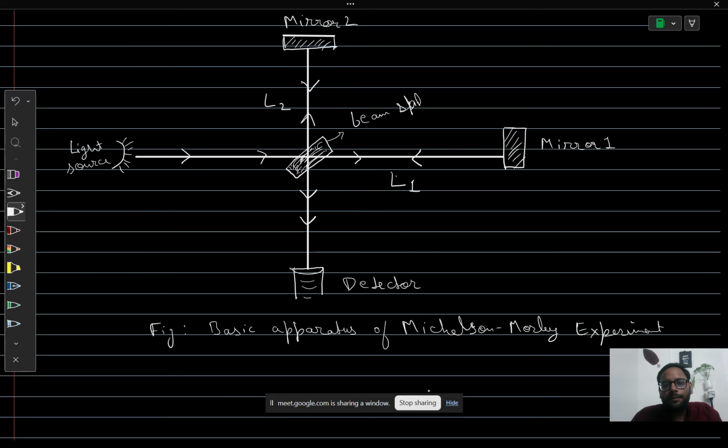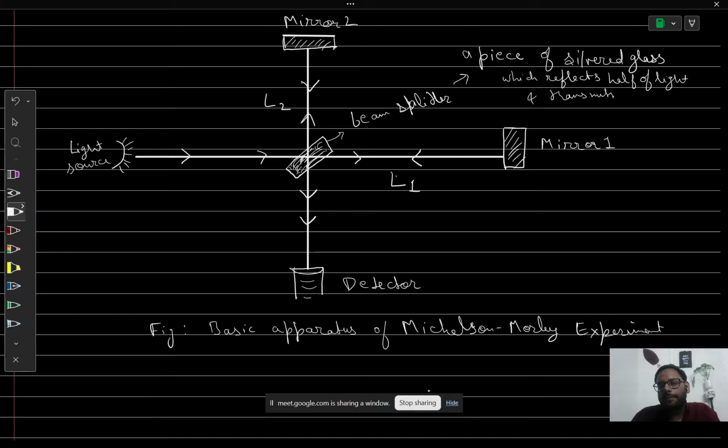It is some kind of a piece of silvered glass, which reflects half of the light and transmits half of it.